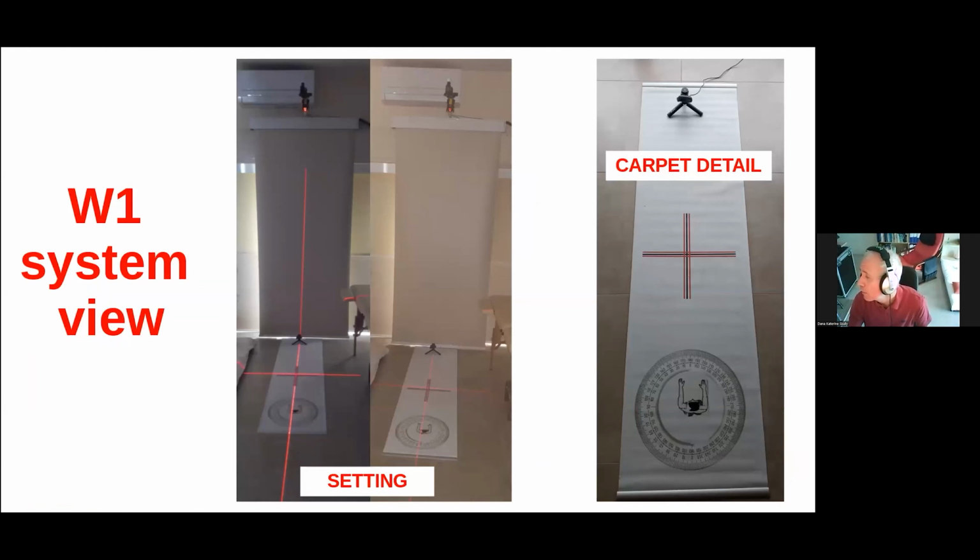And this is the setting of our system. As you can see, very simple, from the eyes of webcam 1. You can see at the bottom of the figure, on the left, the carpet, at the end of the carpet, webcam 3, and then at the top of the figure, webcam 2 and laser level 2.